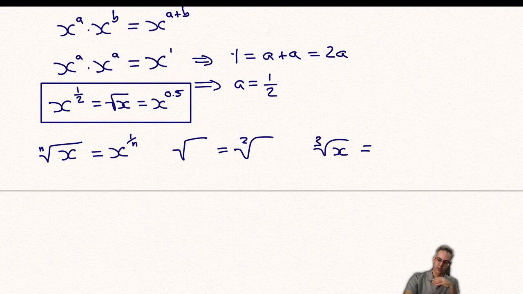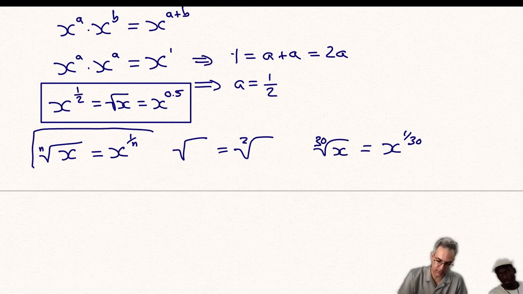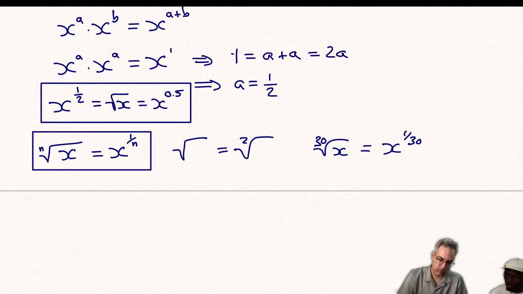If I put 30 here, then it's the number which multiplied by itself 30 times gives me x. Going through the same process, you will find that this is x to the 1 over 30. So this is the general formula for fractional powers.